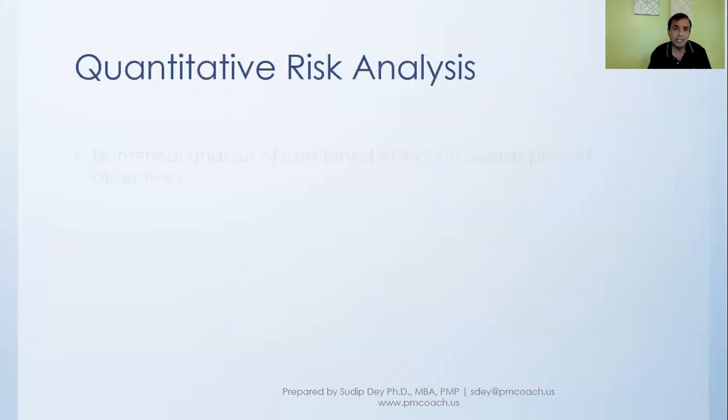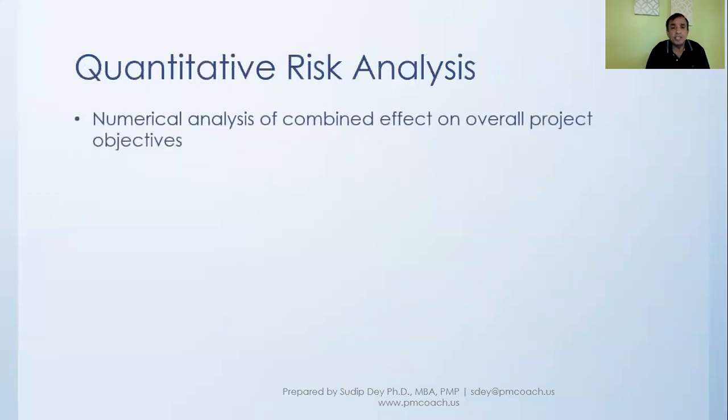Now, quantitative risk analysis, as the name suggests, is a numerical analysis. In this numerical analysis, we try to find out the combined effect on overall project objectives. And overall project objectives come not only from the individual project objectives, but there can be some other sources.